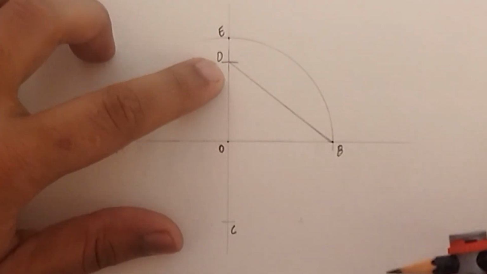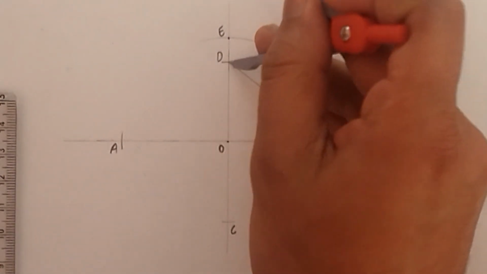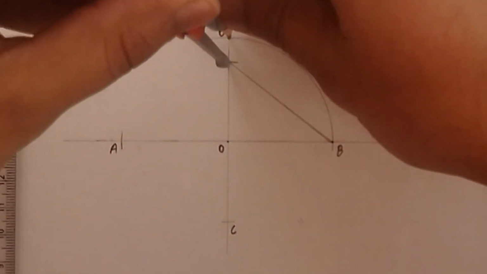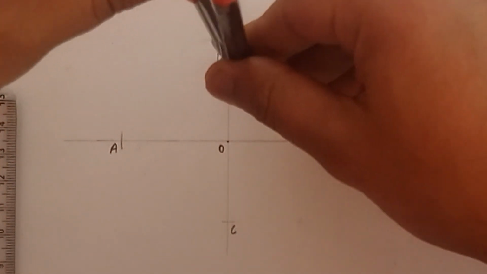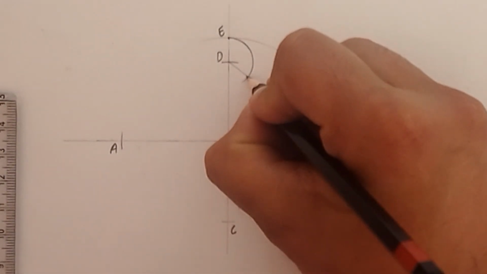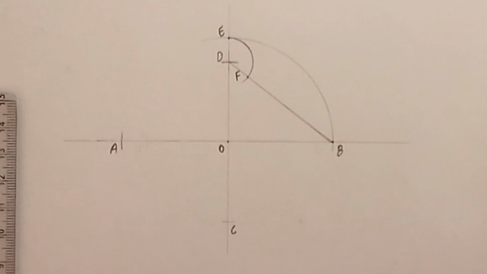Now, keeping D as a center and DE as radius, sketch an arc to meet the line DB and name this intersection point as F.